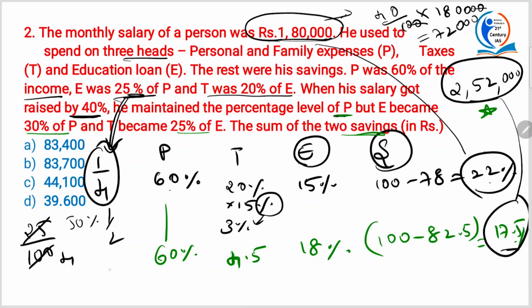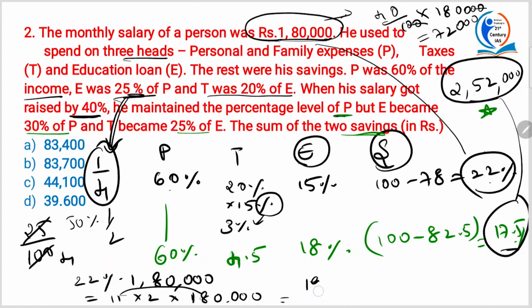So 22% of 1,80,000 is how much? See, this one can be written as 11 into 2 into 1,80,000. Now, if you're multiplying it with 11, how much will you get here? See, 11 into 18 is how much? 198. Okay, 198, 1, 2, 3, 4.